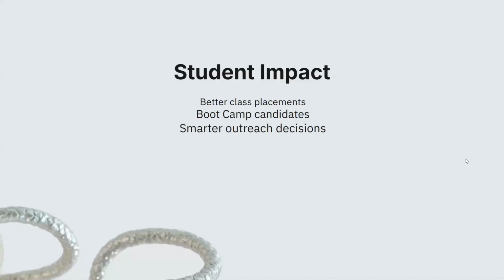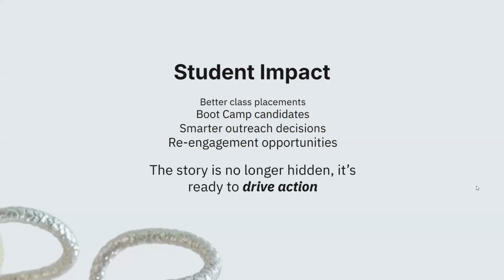I am all about working smarter, not harder. Nobody has time to work hard. It also gives you some great re-engagement opportunities. I have actually had students who have not been in our classrooms for over five years come back and re-attend classes. The story is no longer hidden. It's ready to drive action.